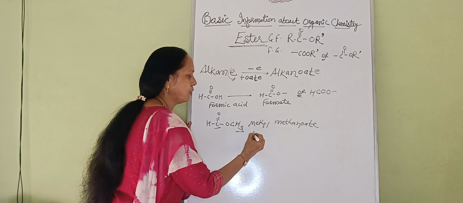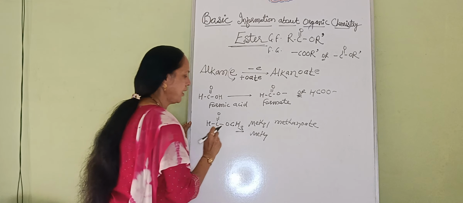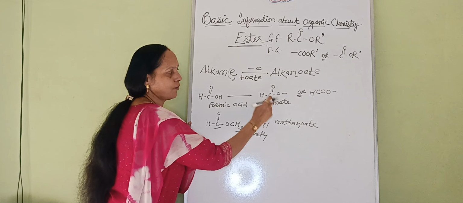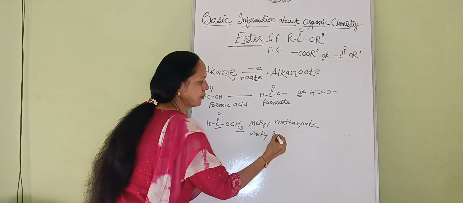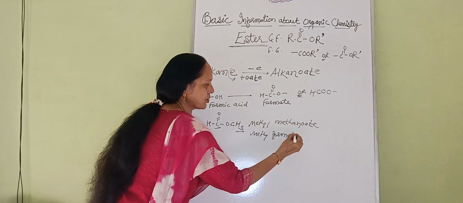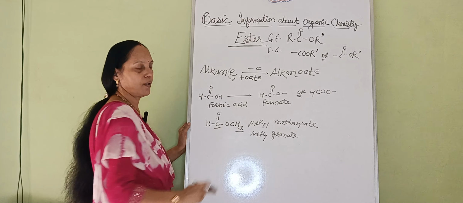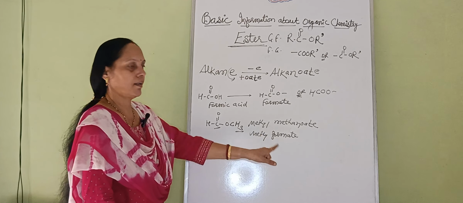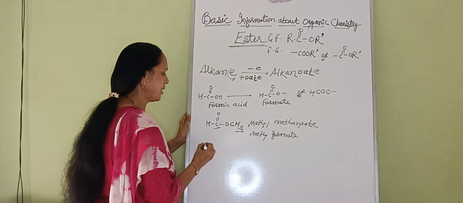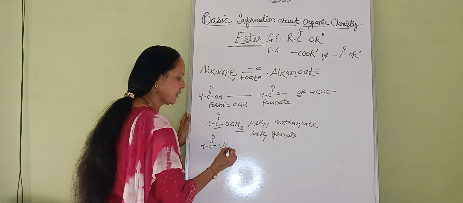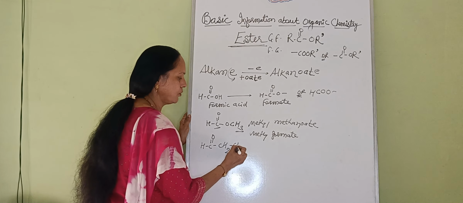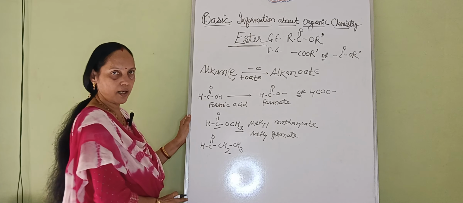This is the methyl group, and already we have written the common name for this group, formate. So the common name is methyl formate. The IUPAC name is methyl methanoate and the common name is methyl formate. Now I am changing the compound. Another compound I am going to write: instead of CH3, I am going to write the condensed formula of the ethyl group.